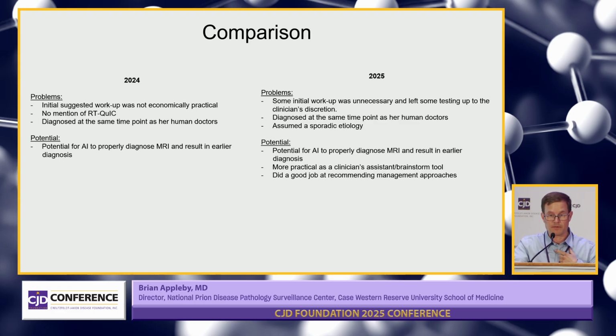Here's the big problem, from my point of view: it assumes a sporadic etiology. That can be dangerous, right? If you're just going by this, it's not going to tell the family that it could possibly be a genetic diagnosis or an acquired diagnosis. So potential here, again, I think there's a lot of possibility here for assistance with MRI.